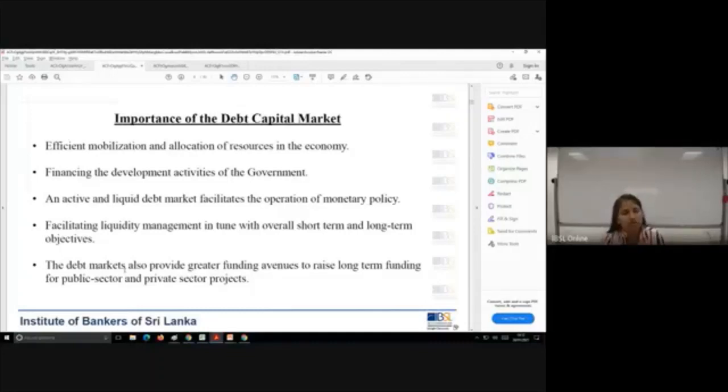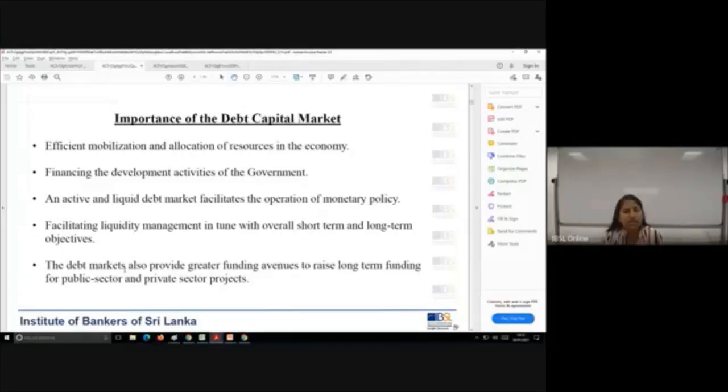The treasury bonds, the debentures, all the long-term segments, even the short-term one, everything happens in the debt market. So you need to have a debt capital market where the long-term interest rates have to react to the monetary policy, for the monetary policy to seep and trickle down from the short-term bucket to the long-term.